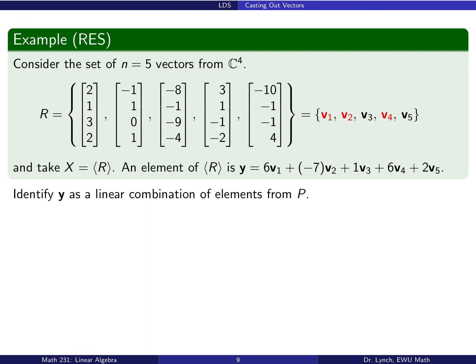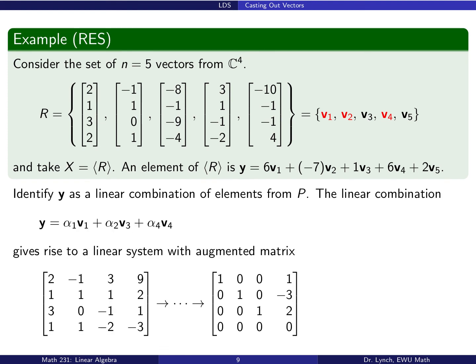Okay, we know how to do this, right? We know how to write one vector as a linear combination of other vectors, and we know that doing that requires us to solve a certain linear system. Okay, so Y in the span of P means that Y is a linear combination of V1, V2, and V4. So we'll go ahead and have a look at the corresponding linear system.